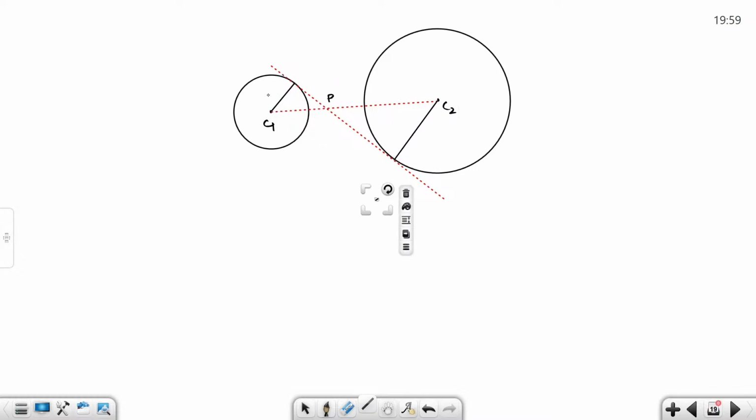This radius is, let us say, R1 and this radius is, let us say, R2. Now let this point be A and this be B.